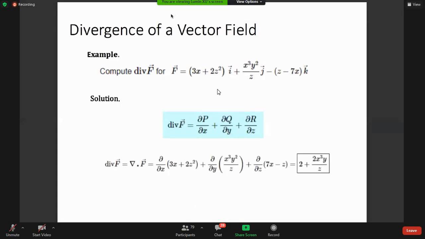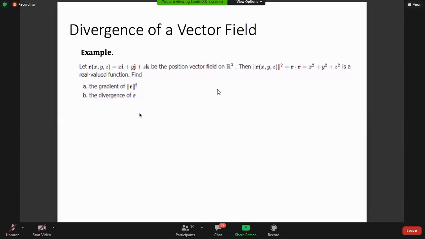And again, this one is P, and this part is Q, and this one is R. Then according to the definition, we calculate partial P, partial X, partial Q, partial Y, and partial R, partial Z. So we get the solution. Now let's move on to the last example in today's tutorial.